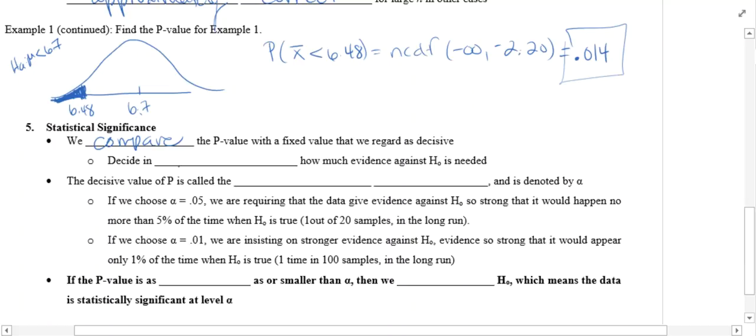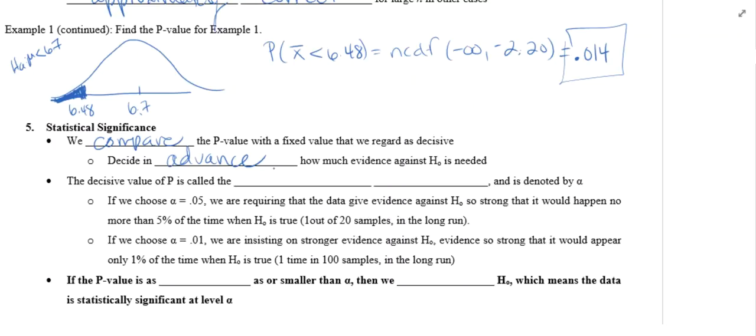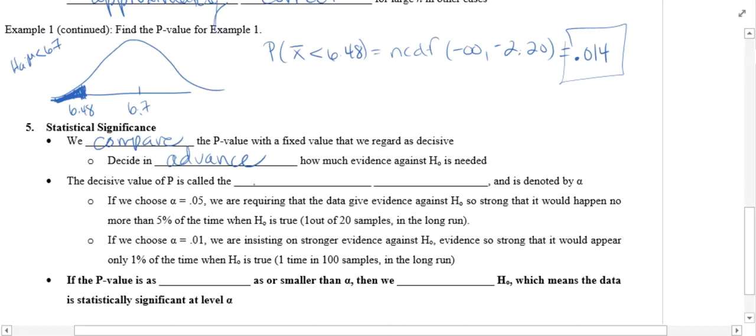This value has to be decided in advance. So you have to decide how much evidence against the null is needed. The decisive value of p is called the significance level, and is denoted by alpha. So this is like a Greek symbol alpha.